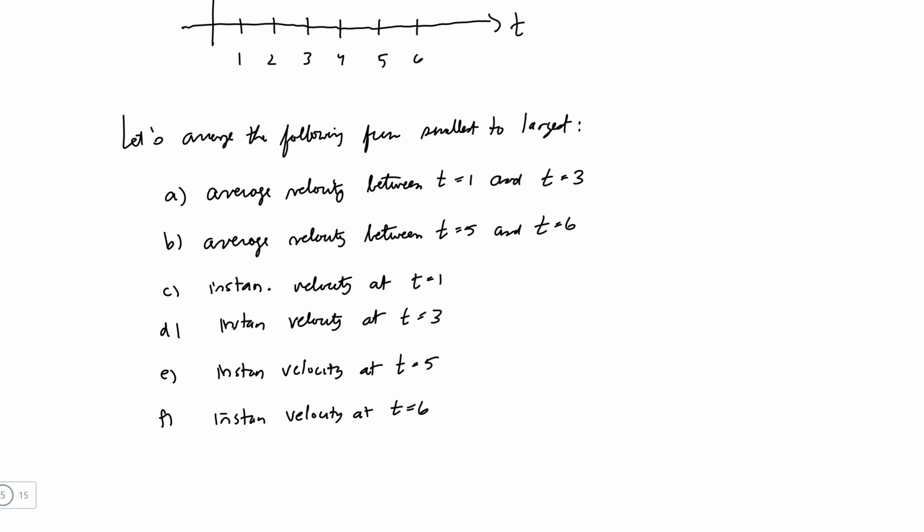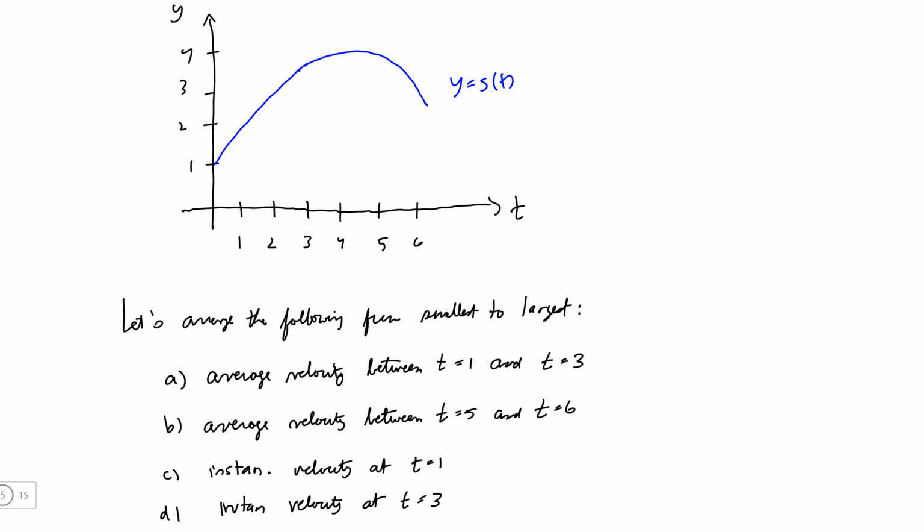Okay, so let's look back at our picture for a second. From about this point on, the lines will all have negative slopes. For instance, the tangent line here, which gives the instantaneous velocity, has a negative slope. And at 5, this one also has a negative slope, but it's less negative.